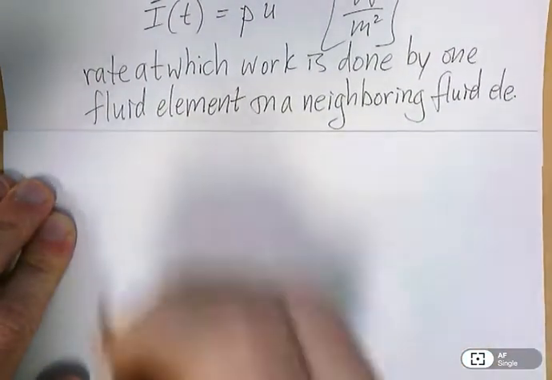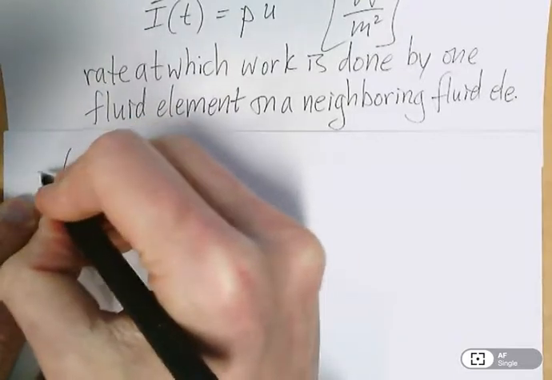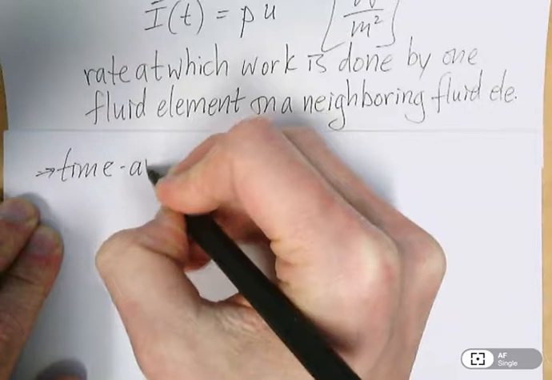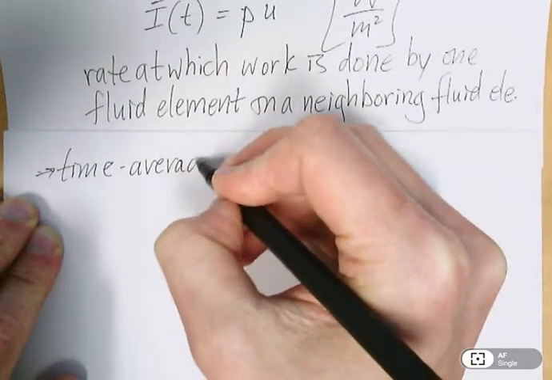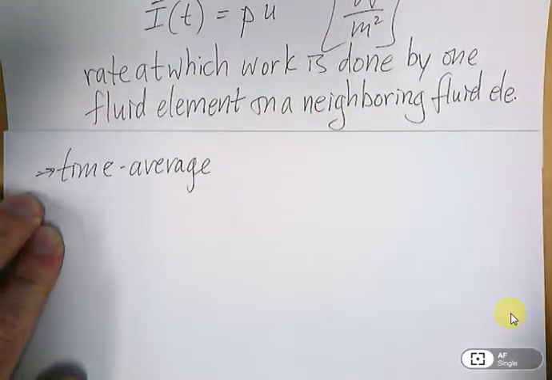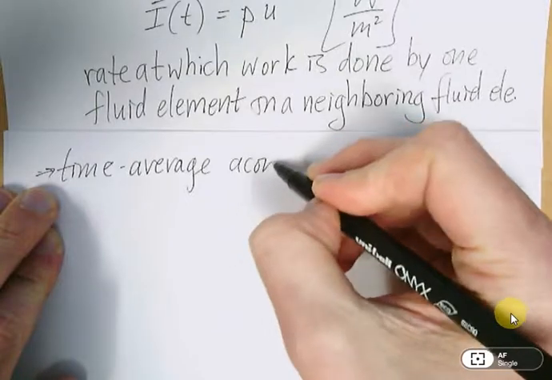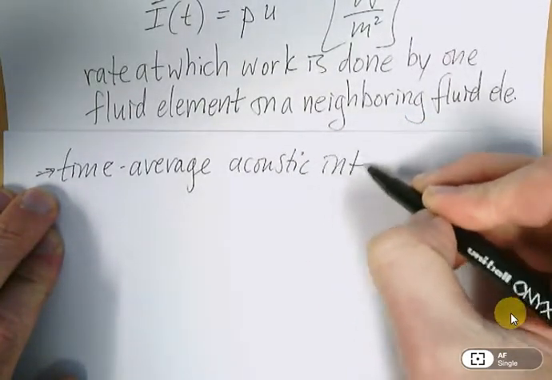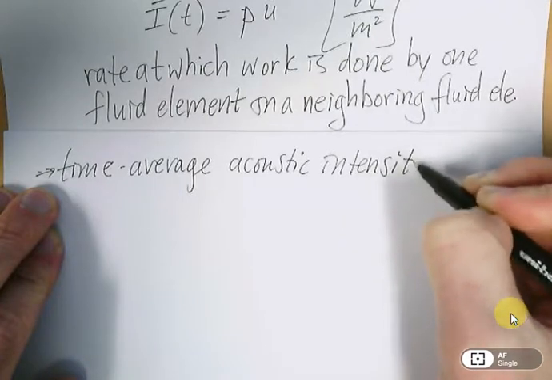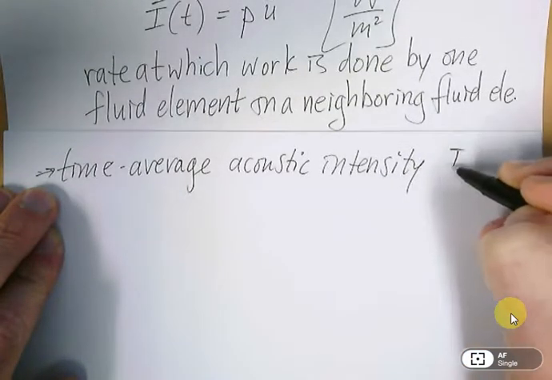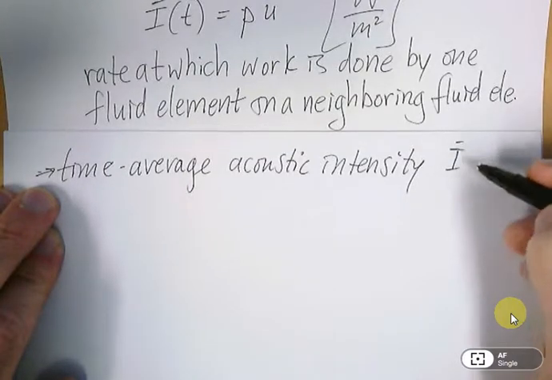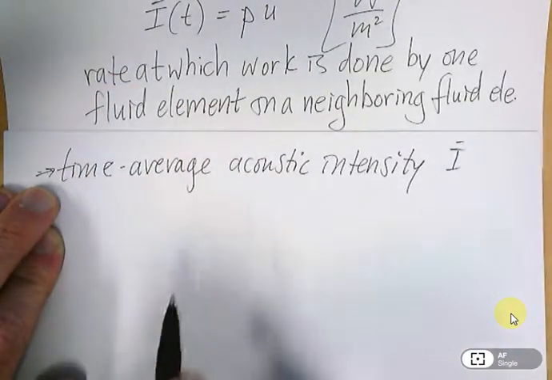So we very often instead look at time average acoustic intensity, which is still likewise a vector, but no longer adopts the time dependence, because we will get rid of that.